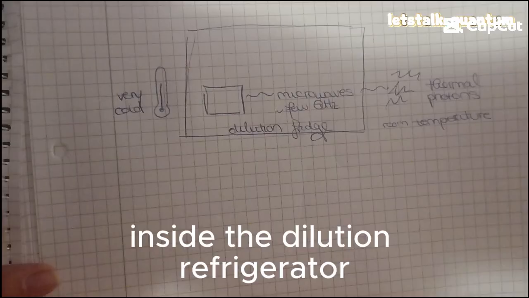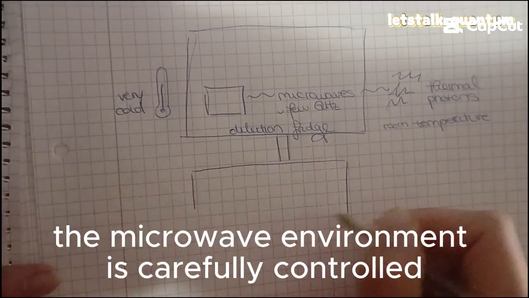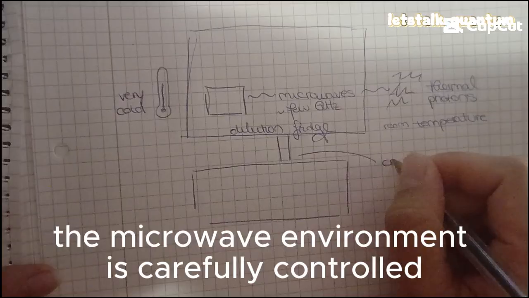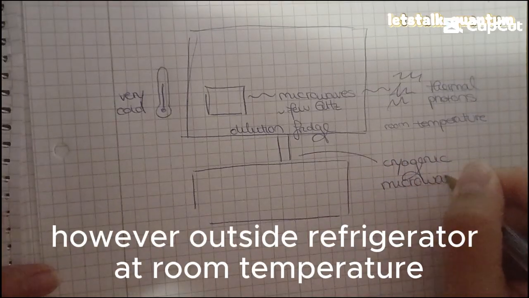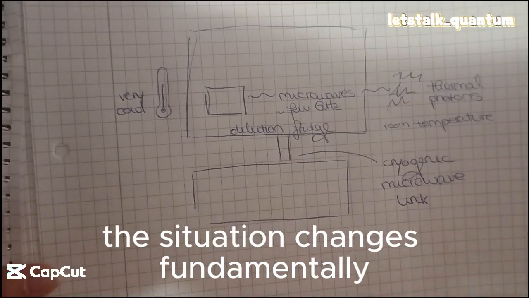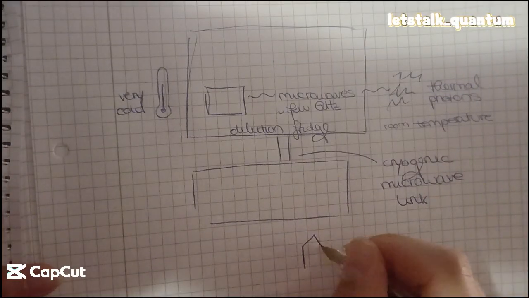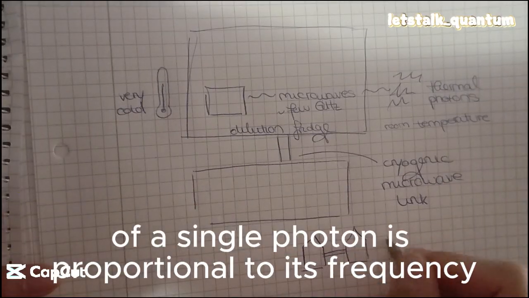Inside a dilution refrigerator, this works very well. The processor is cooled, the microwave environment is carefully controlled, and thermal noise is strongly suppressed. However, outside the refrigerator, at room temperature, the situation changes fundamentally. Just as background information, the energy of a single photon is proportional to its frequency.